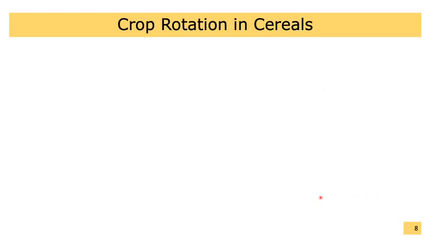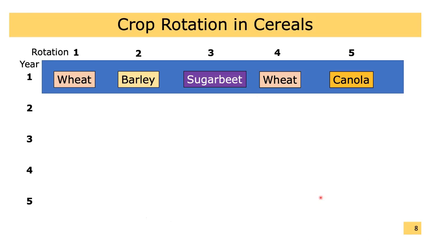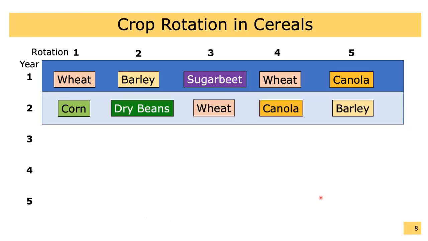Crop rotation and cereals. Here are a few examples of how cereal crops can be rotated on a 5-year cycle. In year one, we may begin by having a wheat to barley to sugar beet to wheat to canola rotation. The rotation can be changed to corn to beans to wheat to canola to barley in the second year.